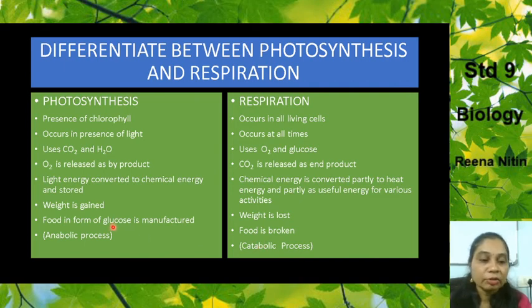So obviously, as you have learned, anything forming is an anabolic process, and breaking down is a catabolic process. So these are the points you can be asked, related to maybe chlorophyll, maybe weight, or the byproduct released.